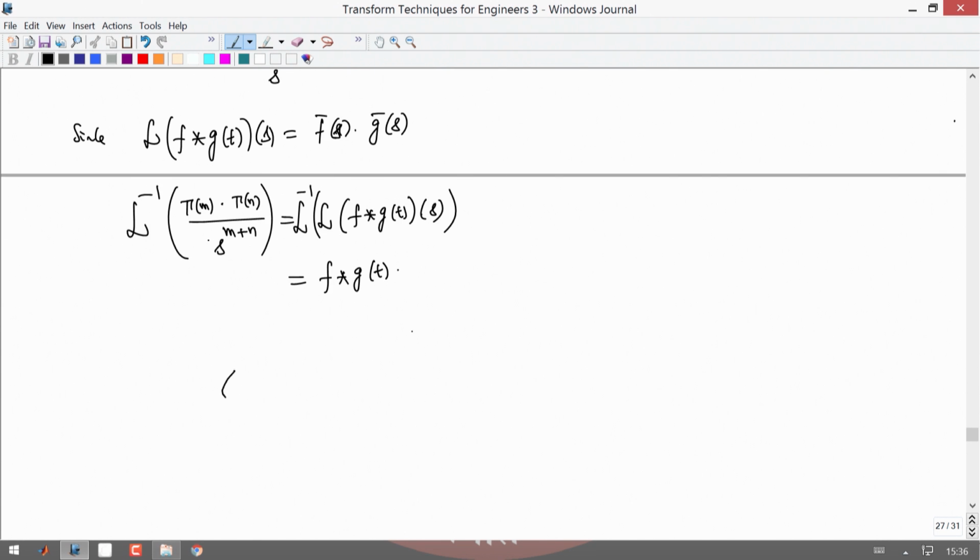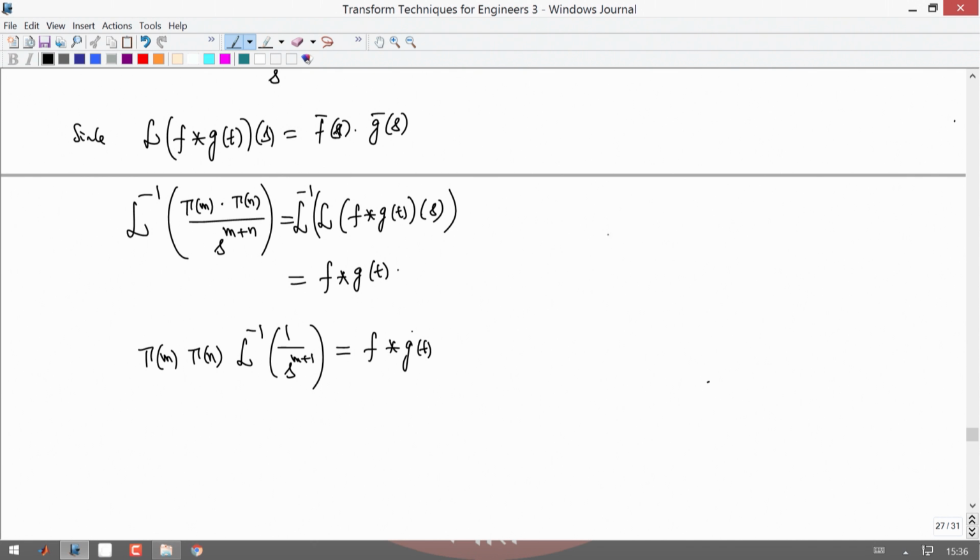So, we need to know what this one is. This gamma m gamma n is a constant, so you can take it out, gamma m gamma n times the Laplace inversion of 1 by s power m plus n, which is equal to f convolving with g of t.